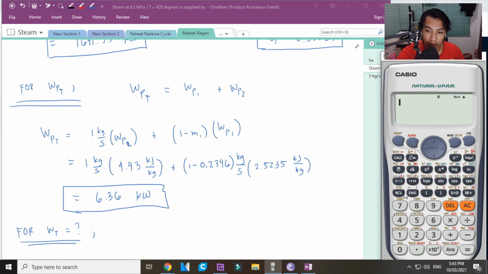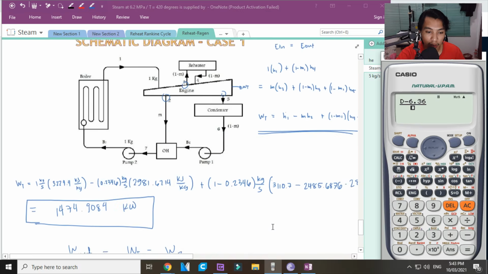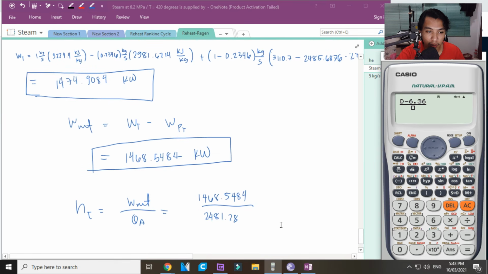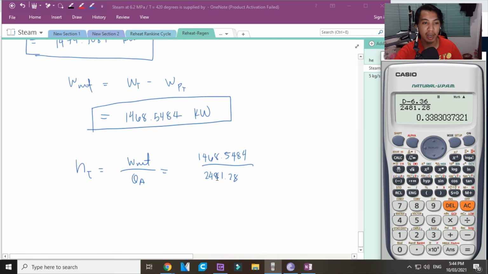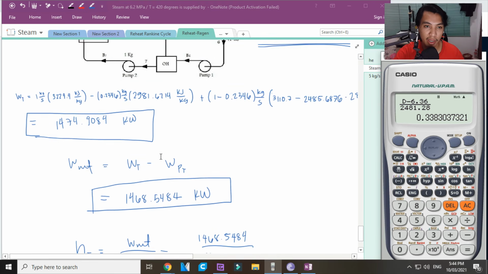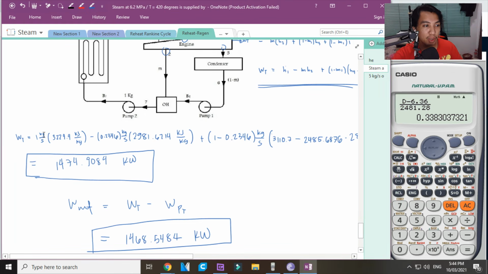Then, work net. Ito, alpha D minus 6.36 over 2481.28. Okay, so tama na. Dito lang tayo nagkamali. Sundin ko na lang yung may mali lang akong pindot dito.